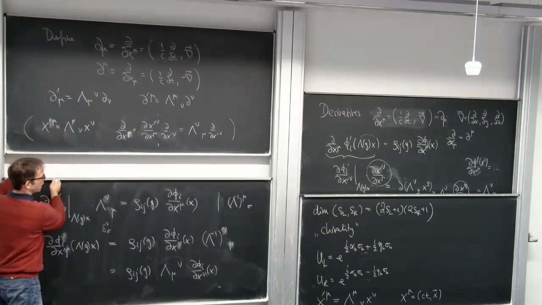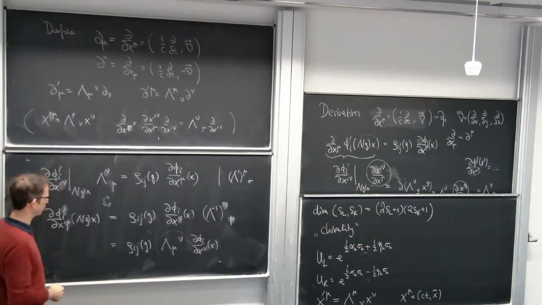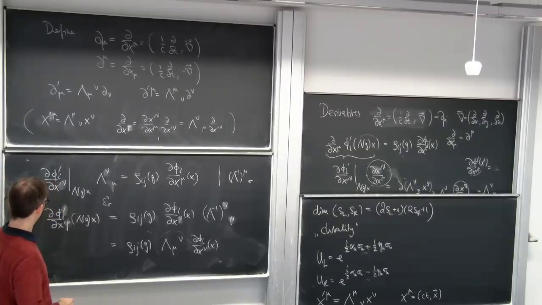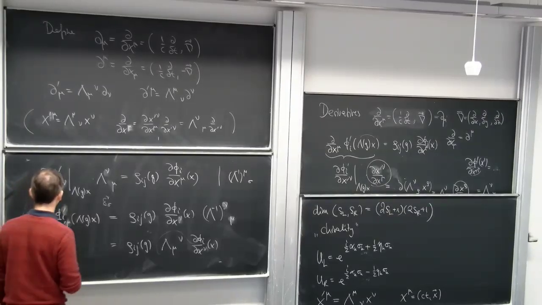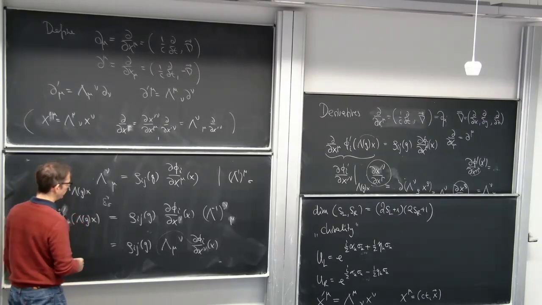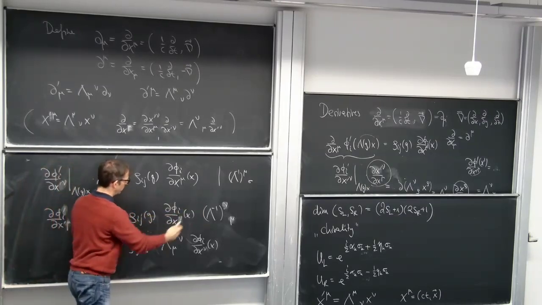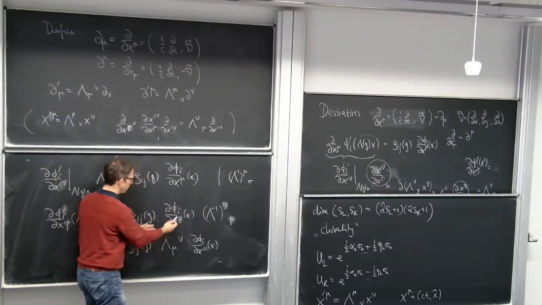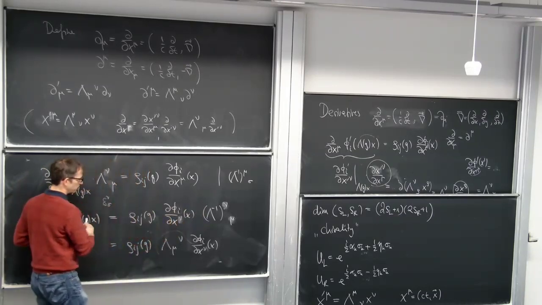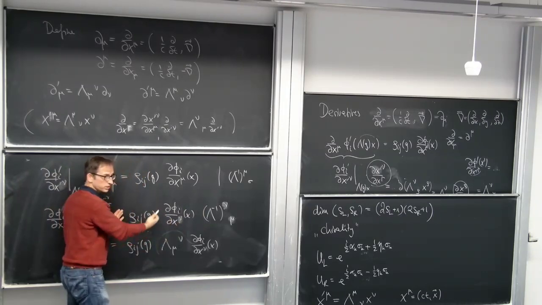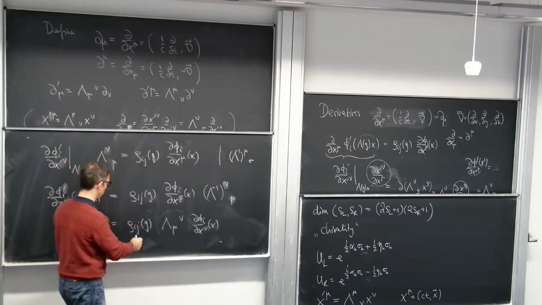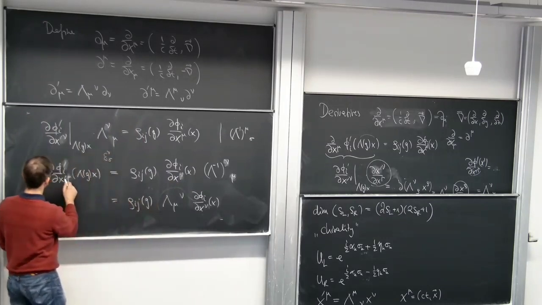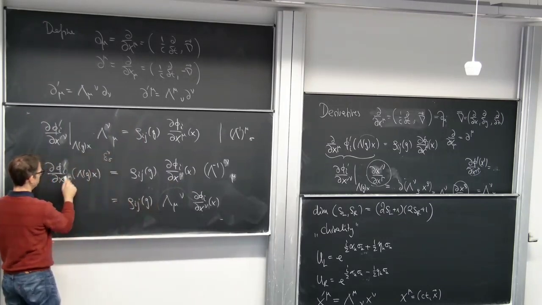Good. Now we know how the fields transform, and we know how the derivative transforms. In fact, if I give you a complicated expression with these indices and vector indices and all of that, you know the transformation, it is the representation of everything. So here, for example, this object has two indices, the i and the mu.